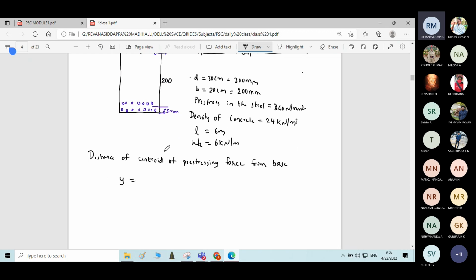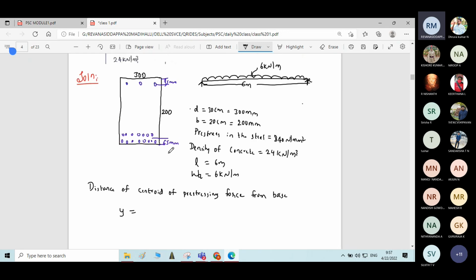So here there are two kinds of wires having 5 mm diameter. It is provided at two places, at bottom and the top. Correct? Now we have to look at the centroid of this pre-stressing force or pre-stressing wires.